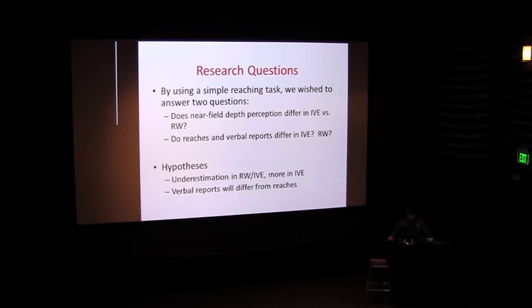But in the real-world condition in near field, my colleague has noticed underestimation in the past in a lot of his studies. So we predicted that there would be underestimation in both the real world as well as in the IVE, with more severe underestimation in the immersive virtual environment. And we didn't know what to expect for the verbal reports. But we did hypothesize that the verbal reports would be different from the physical reaches.